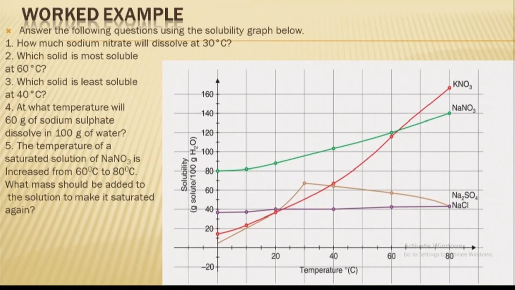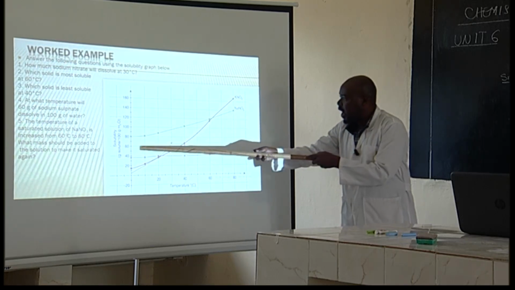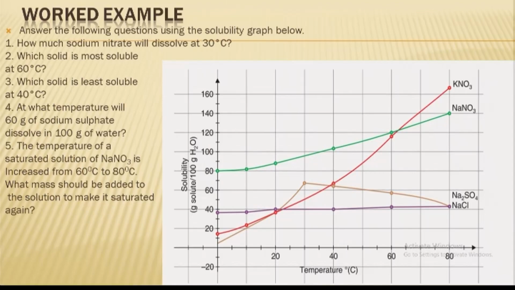So if we extend the line, we find that it is here. And what is the temperature? It is 50. So at 50, we will have 60 grams of sodium sulfate dissolved in 100 grams of water.